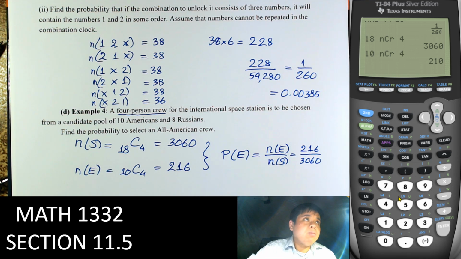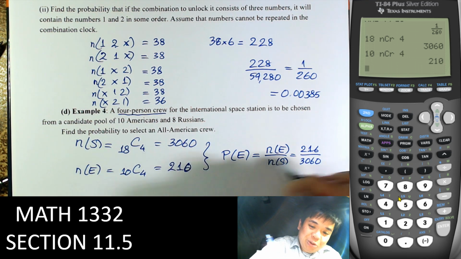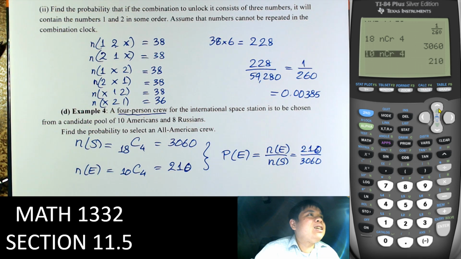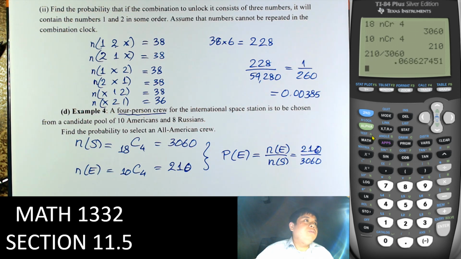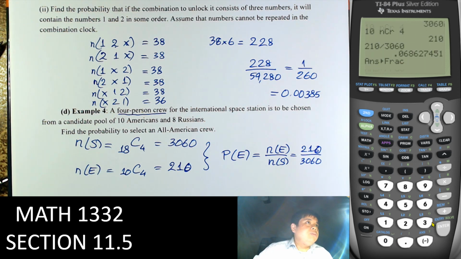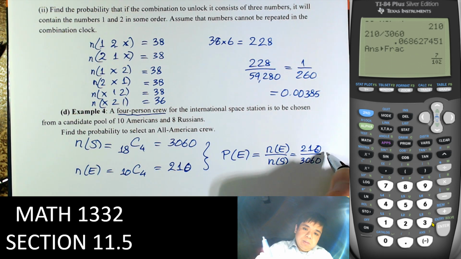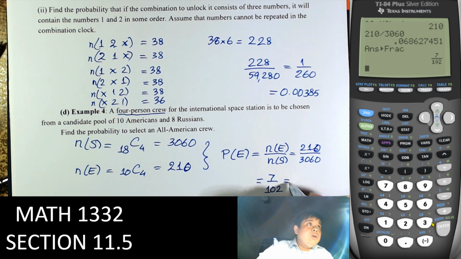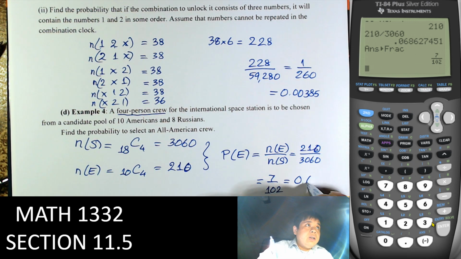I wrote 216, but it's clearly 210. Sorry. Right, so we divide by 3060, and that's 0.0683.